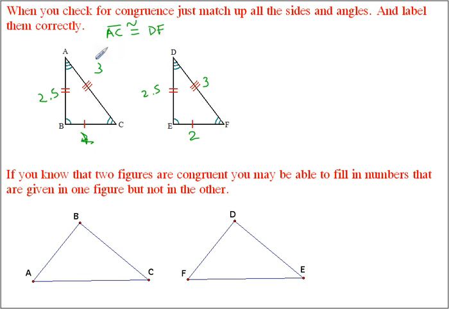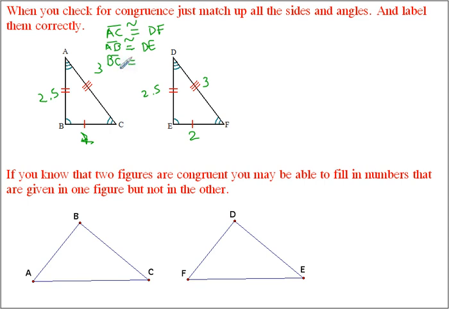And then I look at AB. Line segment AB is congruent to DE. I know this is a little bit laborious, but this is how you make it clear that you covered all the parts here.